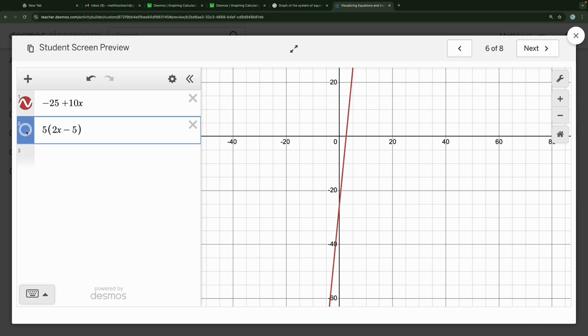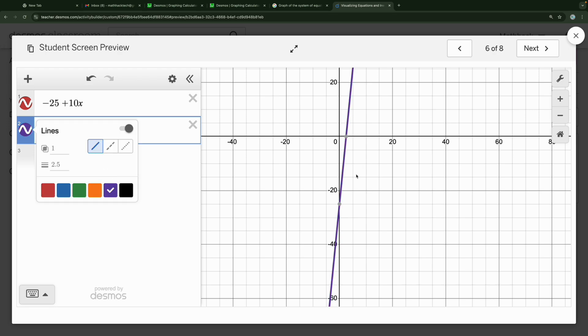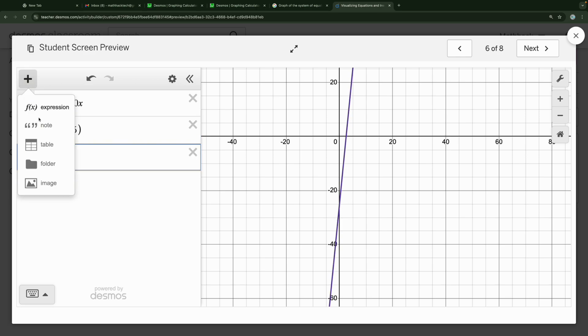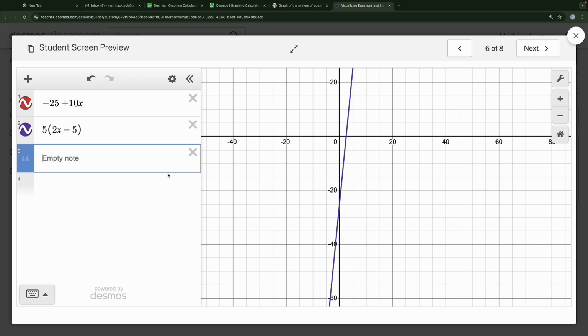Let's change the color to something else, and you can see it's exactly on the red line. So if you make it invisible, you can see that it's on the red line. So this means that it's infinitely many solutions, which means that they are equal. So this tells you that this equation has infinitely many solutions.